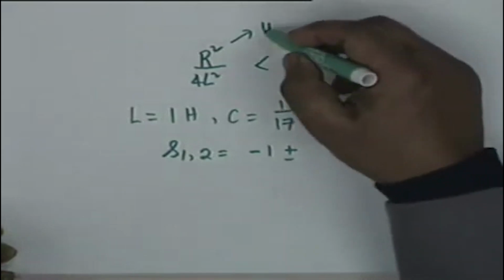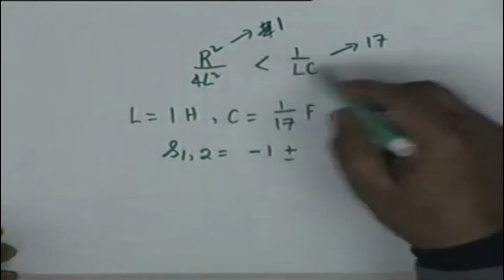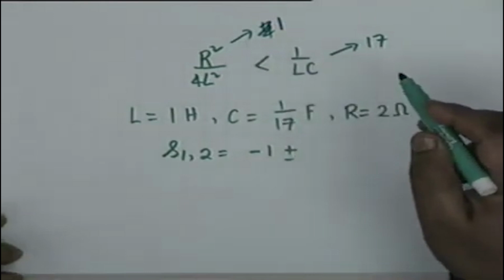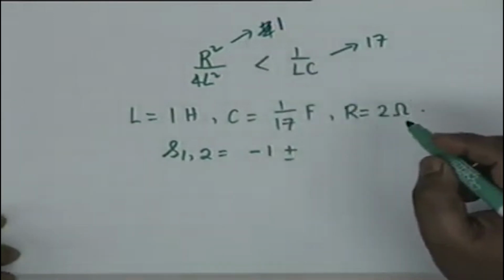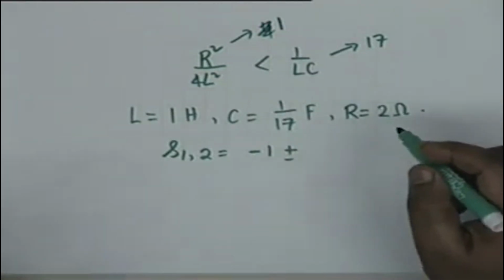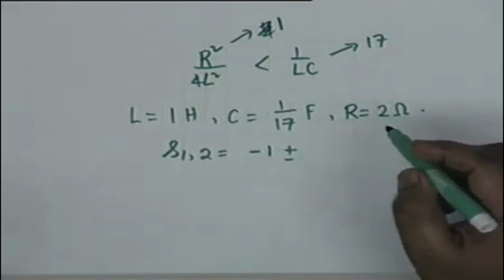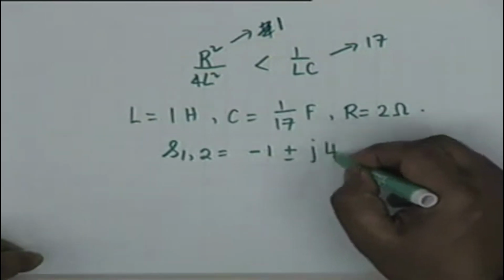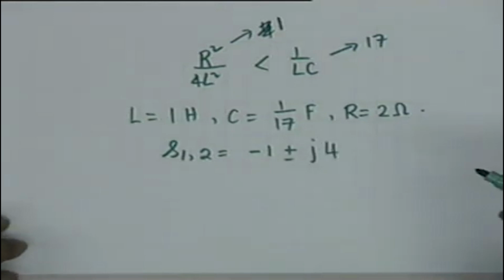R squared by 4L squared is 1, and 1 by LC is 17. So 1 definitely is less than 17, and you therefore see that the roots are complex, and 17 minus 1 is 16, square root of 16 is 4, so minus 1 plus minus j4.